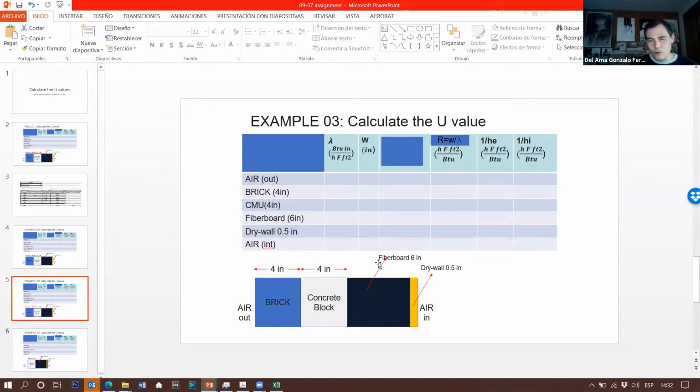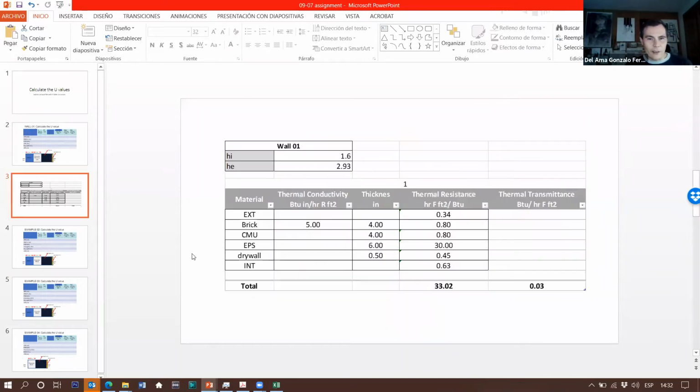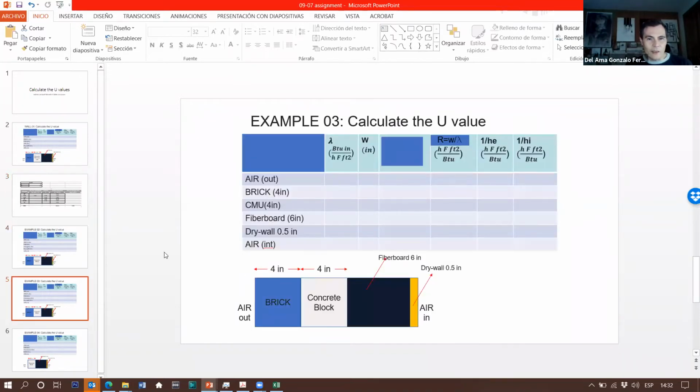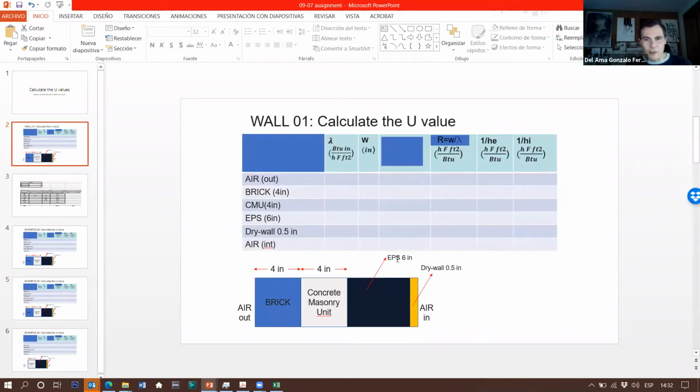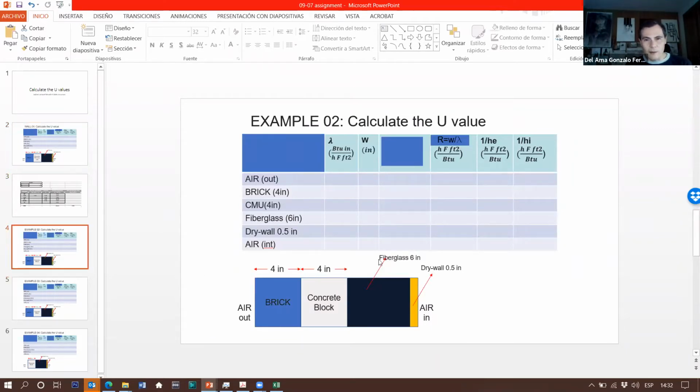I want you to understand the difference between thermal resistances with 3 different thermal insulations. So the first one is extruded polystyrene, the second one is fiberglass, the third one is fiberboard. The wall is the same. The only thing that changes is the thermal conductivity or the thermal resistance of the thermal insulation.